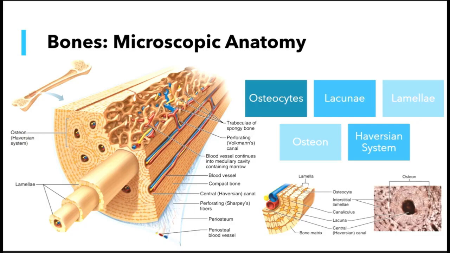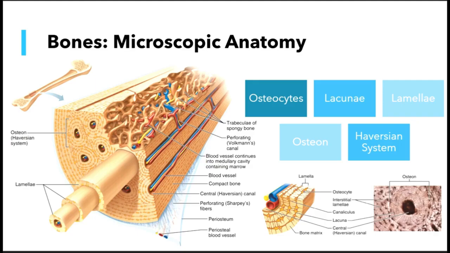Lamellae are arranged around central canals, also known as your Haversian canals. They run lengthwise through the bony matrix, and they carry nerves and blood vessels to all bone areas. Next term we have here is osteon.